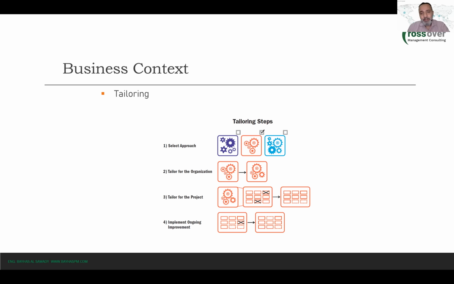So we basically explained in the last lecture what's the relationship between project management, program management, and portfolio management, and how to organize projects into programs and projects and programs into portfolios that support strategic objectives. We call that the OPM, the Organizational Project Management, right?